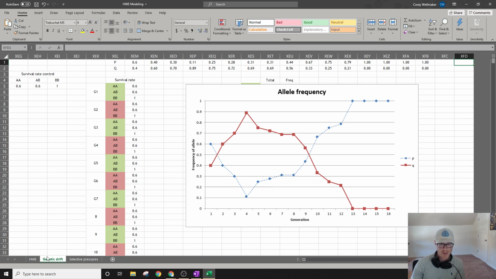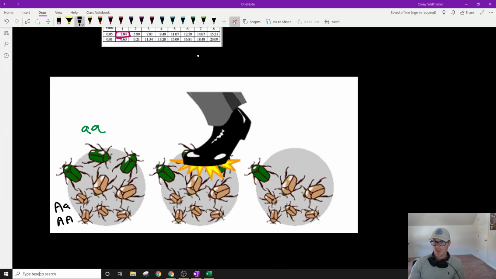The other bad thing about genetic drift is, what if green is actually advantageous? What if green beetles have a higher fitness because they can better camouflage against predators? And these green beetles just happen to be in the wrong place at the wrong time, and they were crushed.